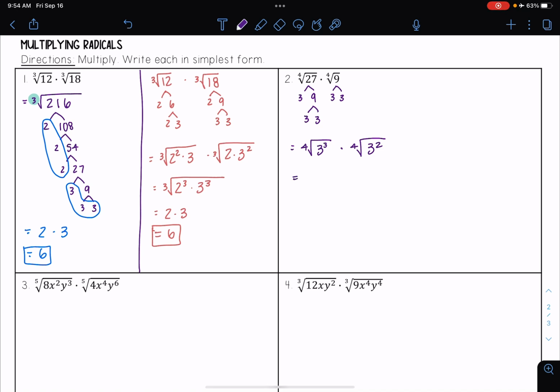Now if I multiply these, 3 cubed times 3 squared, same base, that means I'm adding the exponents, so this becomes 3 to the 5th power, which is really the same thing as the fourth root of 3 to the 4th times the fourth root of 3 to the 1st. And so that means I get 3 times the fourth root of 3.